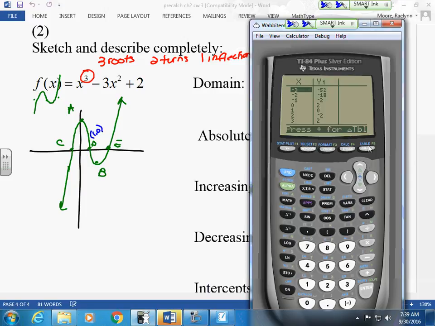There's my point 1, 0. Do we have any others? No. I see a cross, but I don't see where it is. And can you spot a y-intercept in here? What's your y-intercept? 0, 2. Okay, I got this guy now.